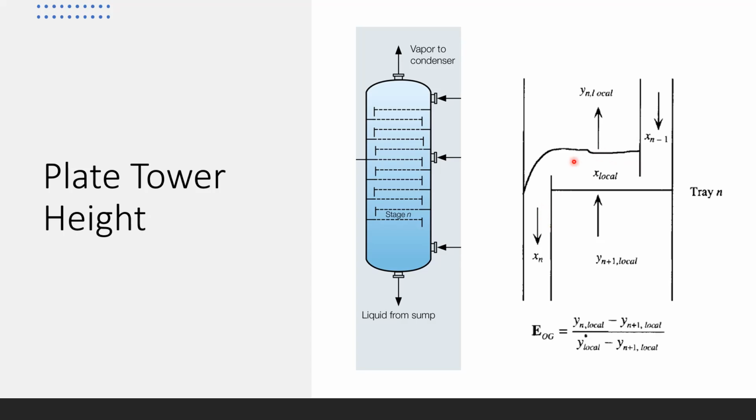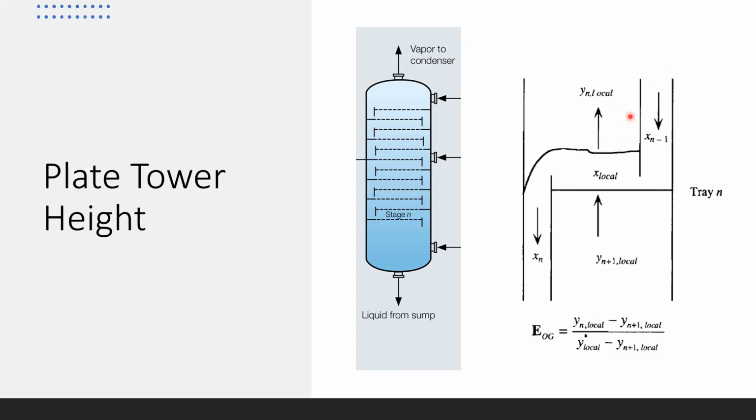And in general, the efficiency is this: y_n local minus y_{n+1}, which is the out, over the supposed equilibrium value minus y_{n+1}. So the higher the value, the closer we are to the equilibrium we desire.